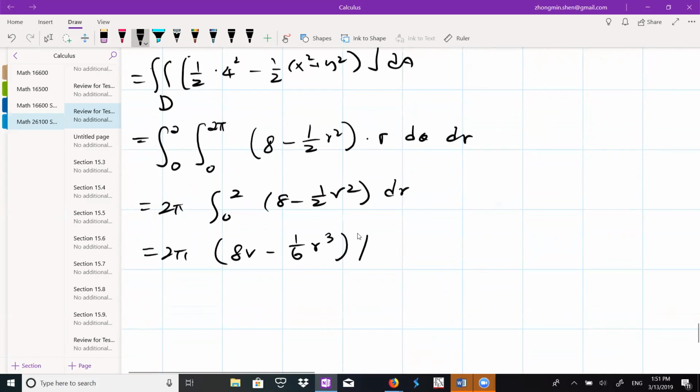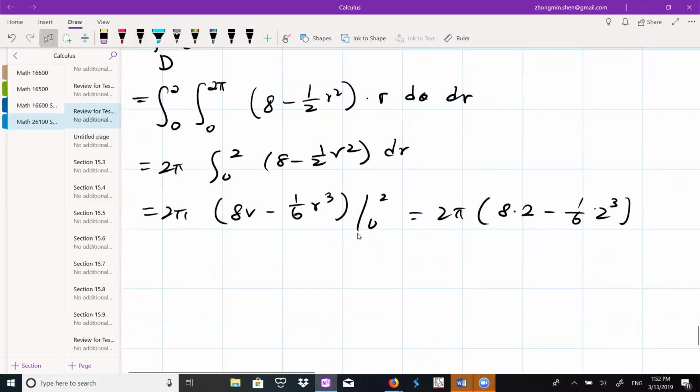Okay. So evaluate at the 2 endpoints, just plug 2 in for r, then we are done. 8, 2, 1/6, 2 cubed. Okay. Can you combine them? Yes. You will get, let's simplify a little bit. So 16 minus 4/3.